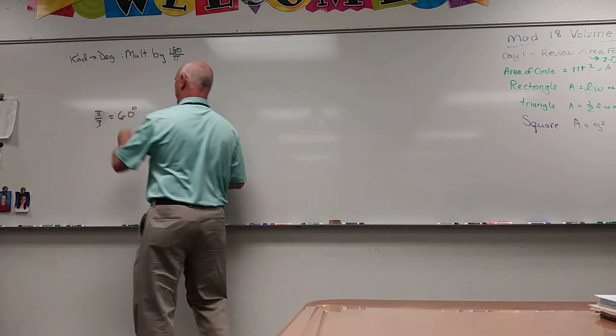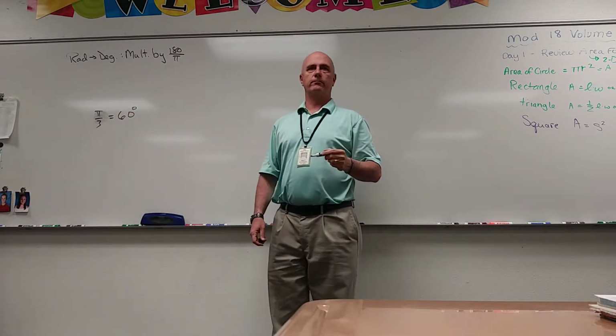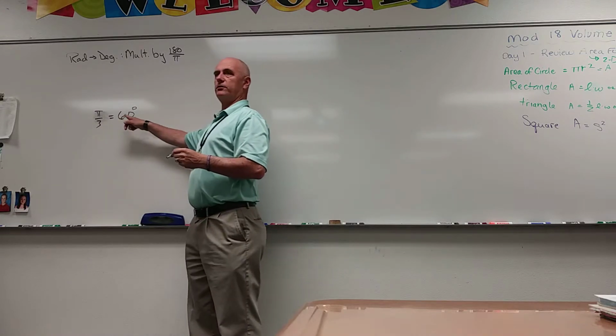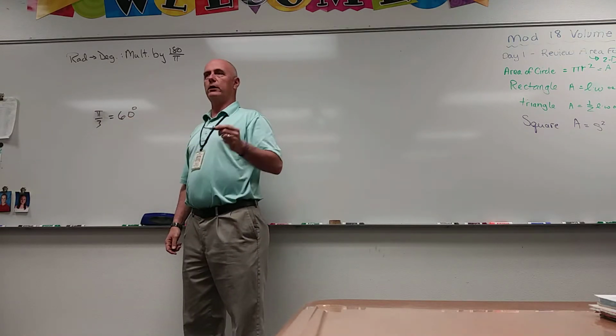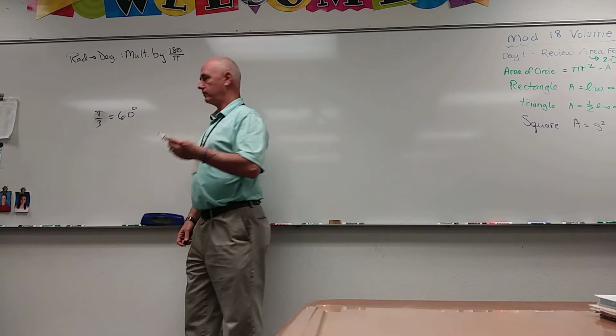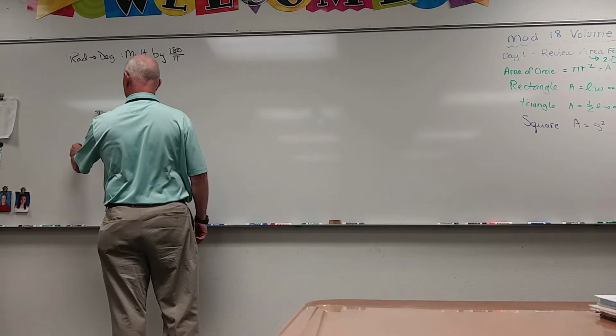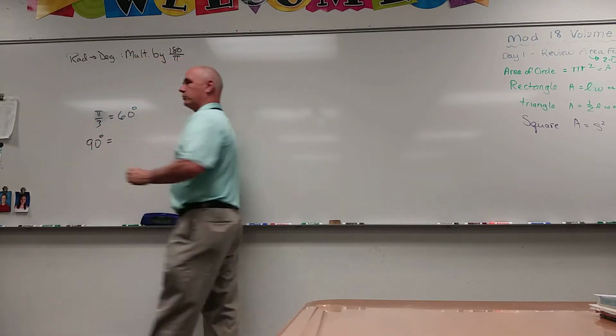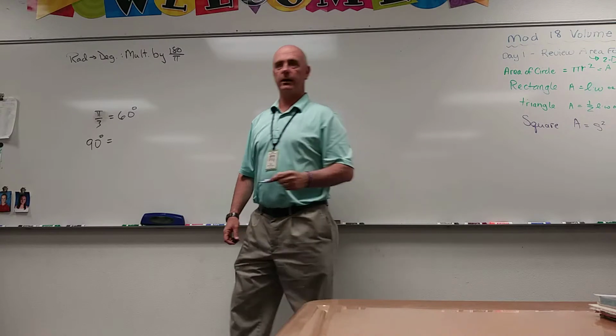If we are talking about just pi over 3, what is pi over 3 in degrees? 60 degrees. The little trick here, for me anyway, is that the denominator times the degree measure will always equal 180 degrees. Which therefore means that 90 degrees is equal to pi over 2.